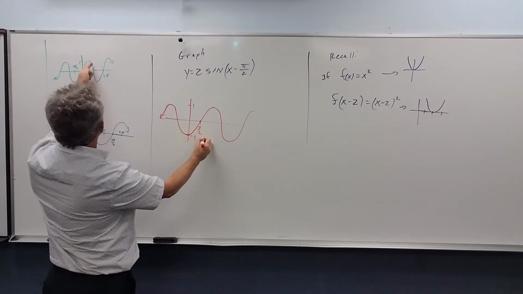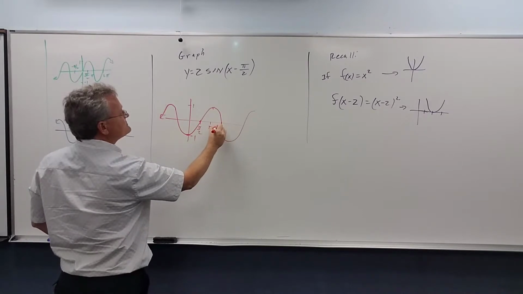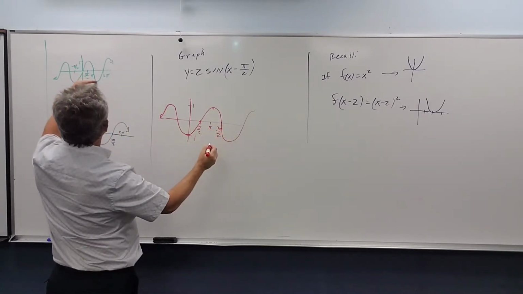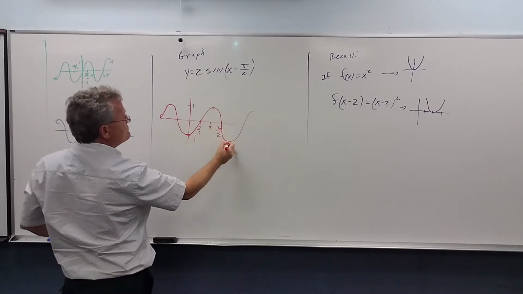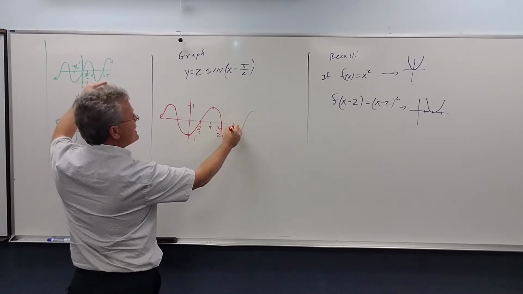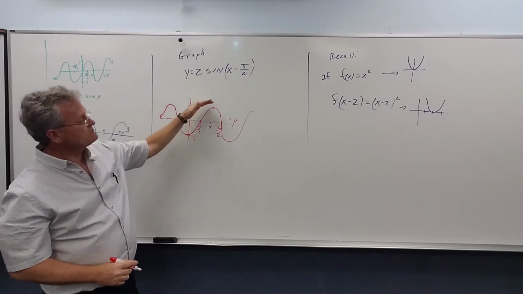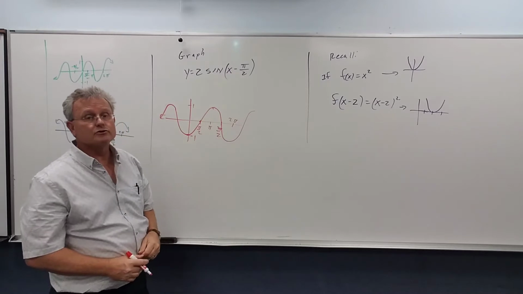When I move that over, that's at pi. This is 3 pi over 2. And this part here, when we move this here, that gets shifted over to 2 pi, this point here. So this is what we get. It just shifts this graph to the right by pi over 2.